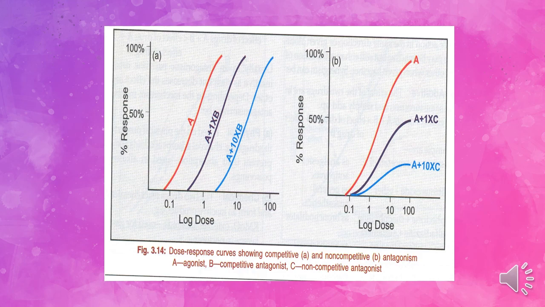But in case of non-competitive antagonist, a lot of dose is required to reverse it or to overcome it. So this is how we are comparing the effects. Alone as agonist, in the presence of competitive antagonist, and in the presence of non-competitive antagonist.